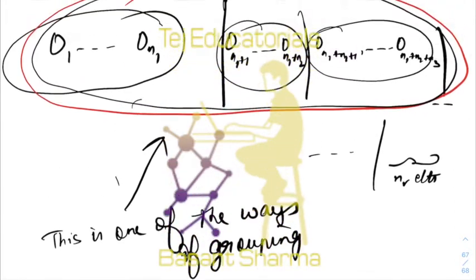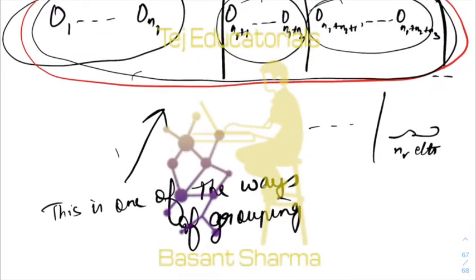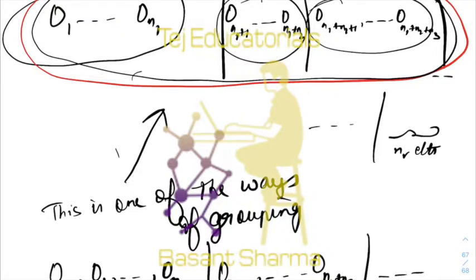Now one of the arrangements out of the n factorial arrangements can be this also, where you have O2 at the first place, then O1, till On1, and suppose the rest are all the same. Corresponding to this red box grouping, one of the arrangements out of the n factorial arrangements is this also, where O2 comes first and O1 comes next to it.